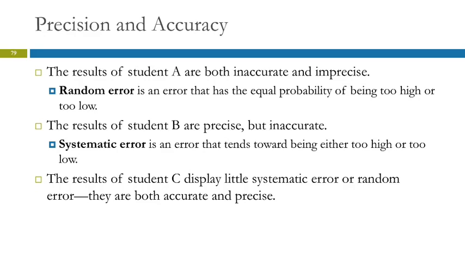If your balance is not calibrated correctly, then your measurements are all going to be off in the same direction. This is the sort of error that we should be able to correct for, that we should be able to find and fix.